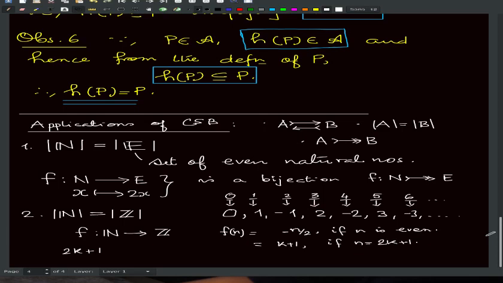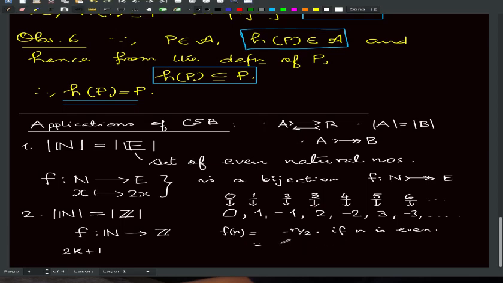Or you can say it like this, n minus 1 by 2. So this is actually n plus 1 by 2.